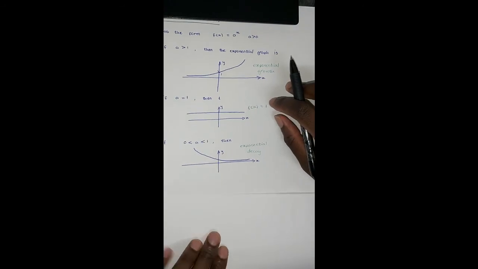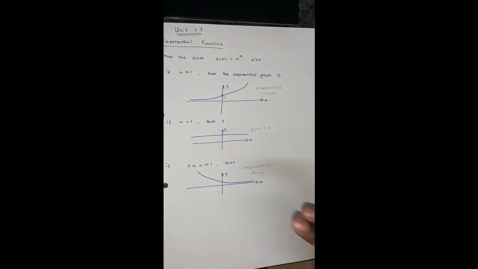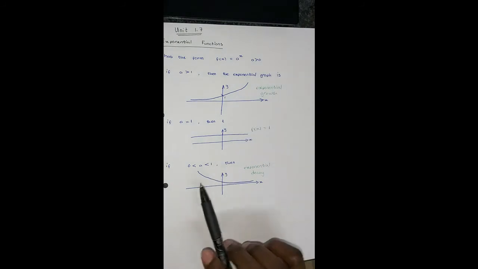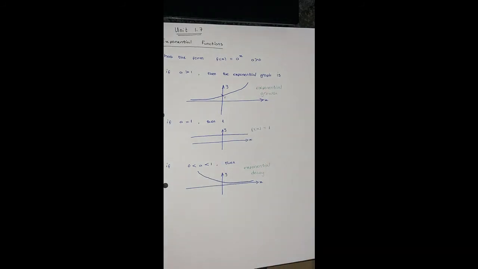As x goes to infinity, our y values approach 0. They never go to 0. It's never equal to 0. So those are the three graphs that you have to know for our exponential functions. Please make sure that you understand when a is between 0 and 1, when a is greater than 1, and when a is equal to 1, and their respective graphs that you must plot.